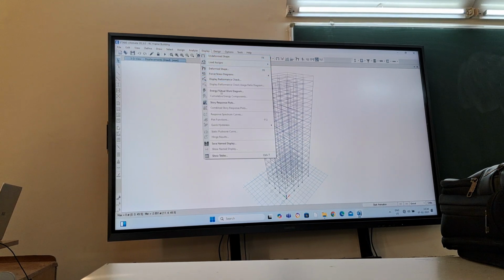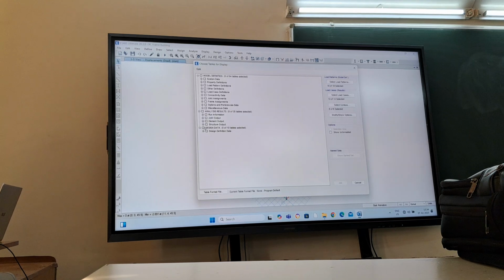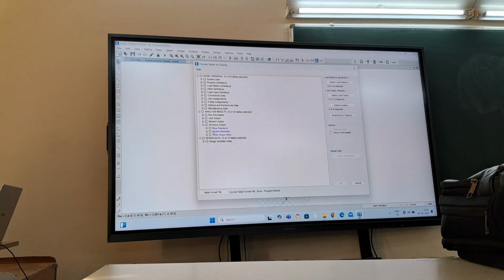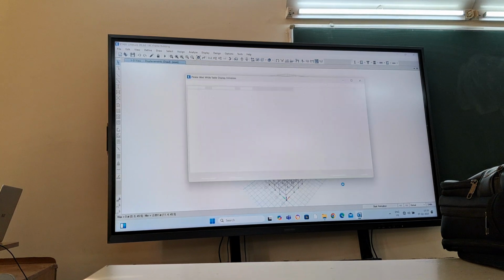So this you can do by clicking on this display, then go to show tables, and here you select base reaction, base shear, and these are the modal parameters. Basically we require these firstly, remaining also you can check if you want.